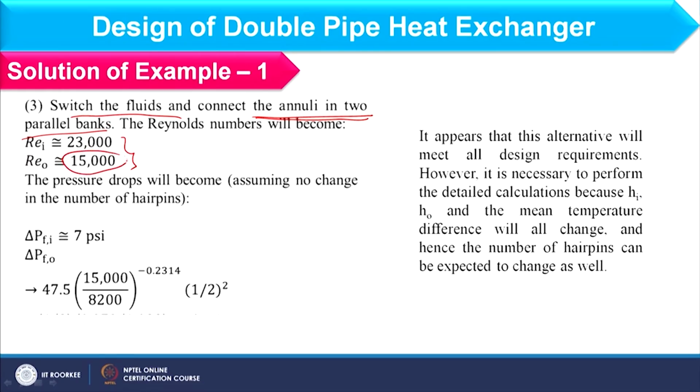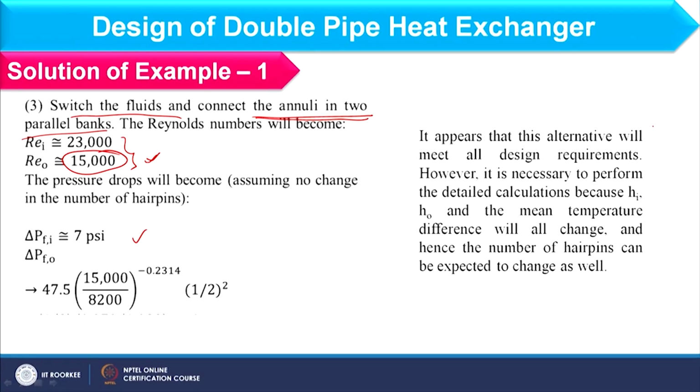Now, if you remember, this value was 30,000 when I have considered switching of the fluid, but because of the parallel flow, this value becomes half. Okay. Considering this, we can find out the pressure drop. So, that comes as 7 psi, right.